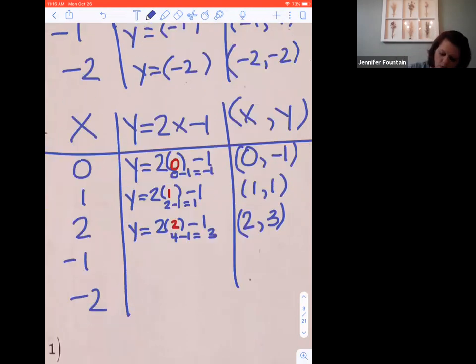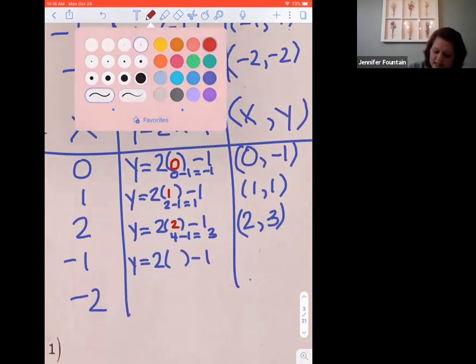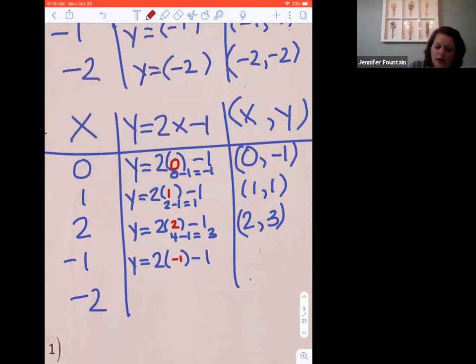The next one, y equals 2, set up my parentheses, minus 1. I'm plugging in a -1. I know when I'm working with negatives, I've got to be super careful. I've got to pay close attention. So 2 times -1 is -2. -2 minus 1. This is where I owe mom $2 and I've just borrowed another $1.